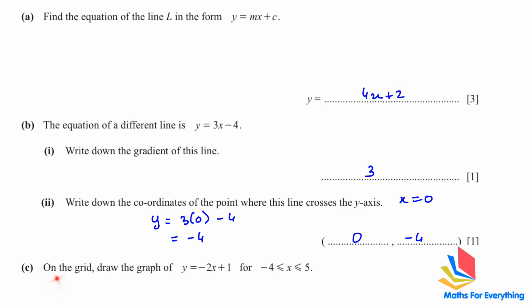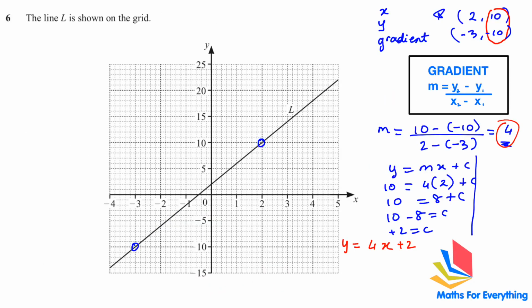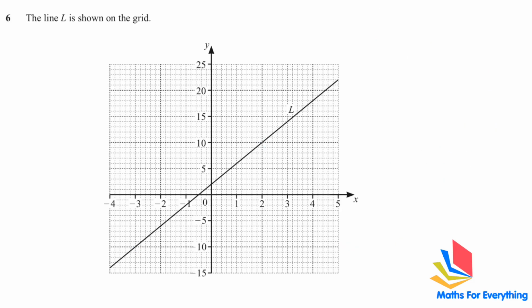Part C. On the grid, draw the graph of y is equal to -2x plus 1 for the values of x between -4 and 5 included. We have the equation y is equal to -2x plus 1, and we have to find between -4 till 5. So in the first equation, we are going to substitute the value of x is equal to -4.